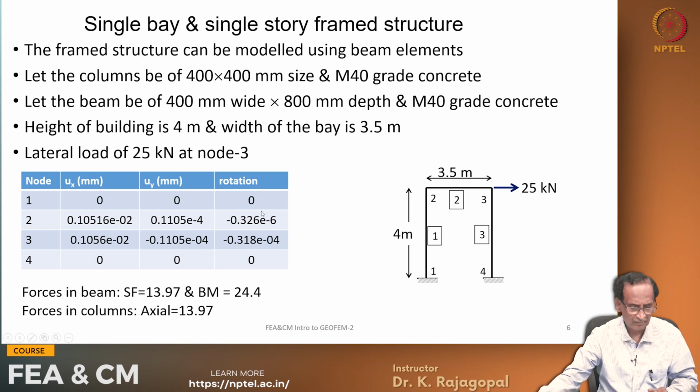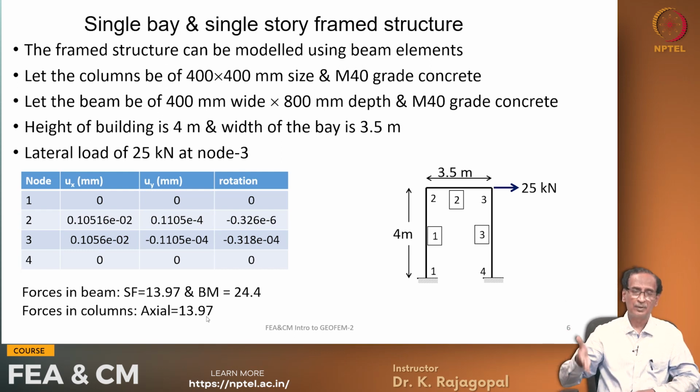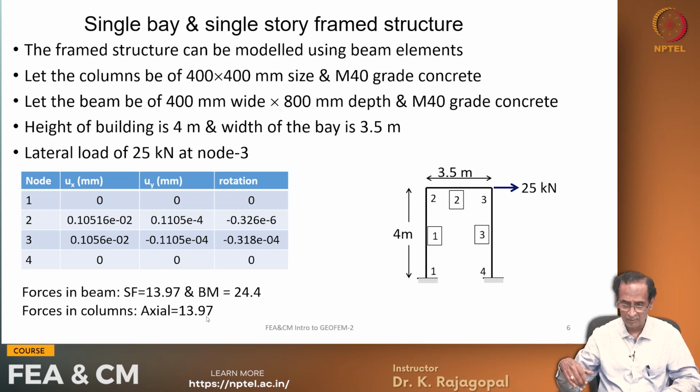These are the displacements and rotations, and then the forces in the beam, shear force and bending moment, and then forces in the columns. The column will have predominantly axial force, and of course there will be some shear and bending moment, but I have not shown that here.